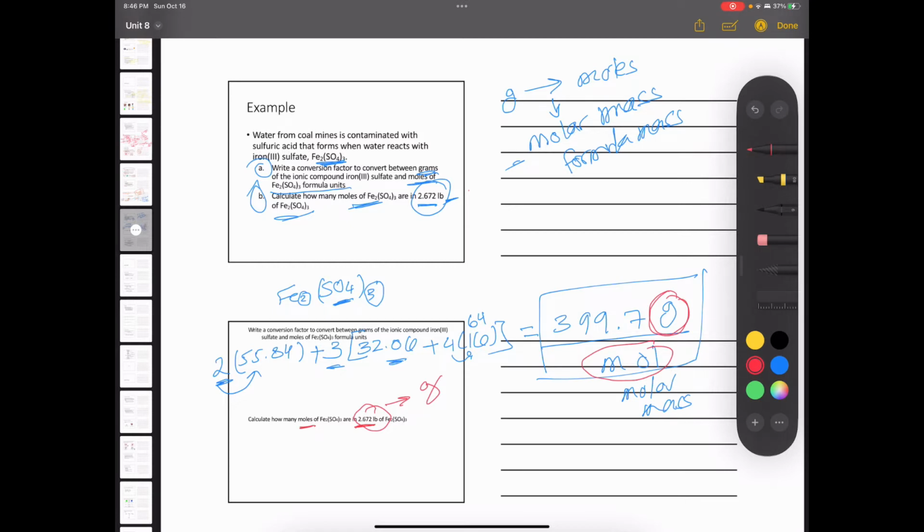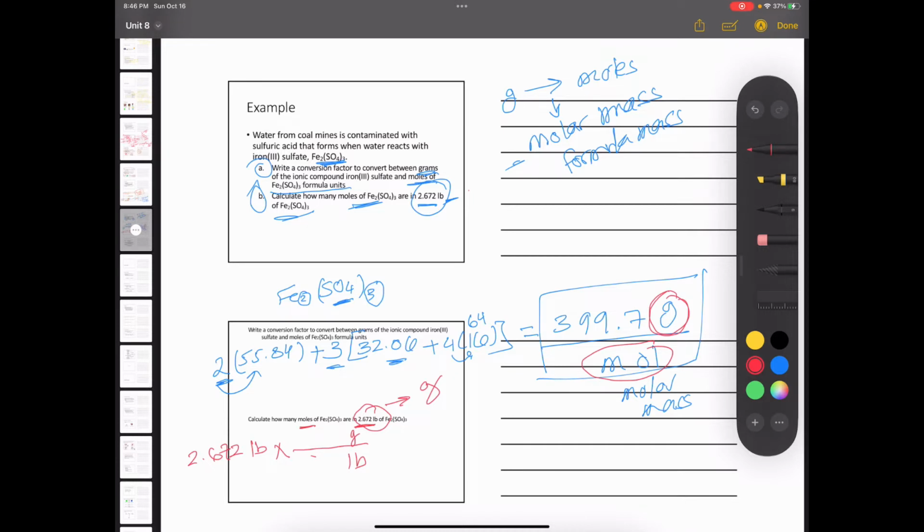So first off, I need to convert my 2.67 pounds, and I'll have to multiply that so I can convert it into grams. So I need to have grams in my numerator and pounds in my denominator.